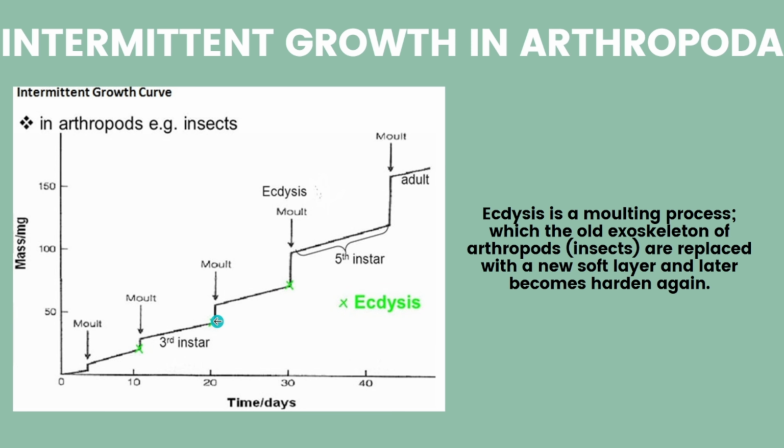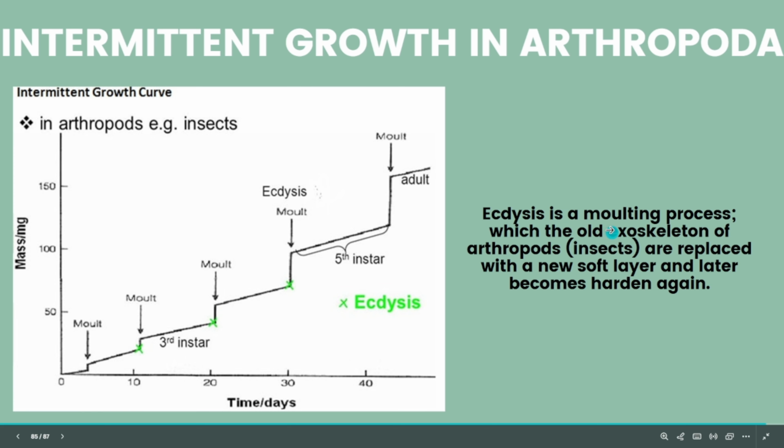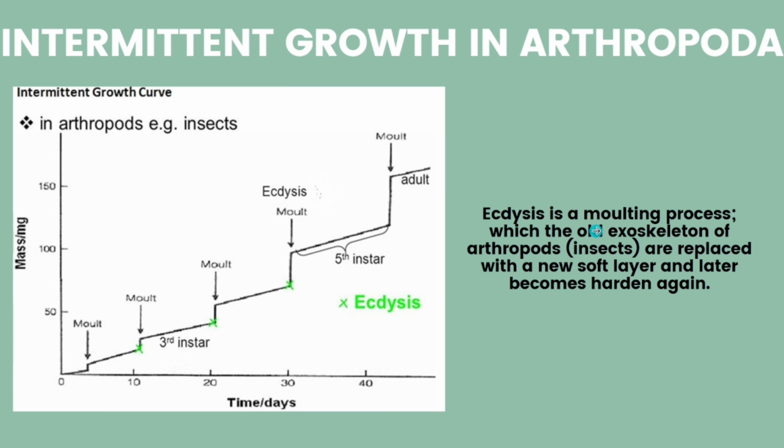But once they reach the limit due to the exoskeleton, they will break down the skeleton, which we call molting, and change the exoskeleton. The stage between molts we call an instar. So in intermittent growth, ecdysis is for insects.